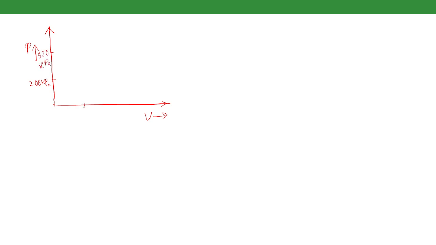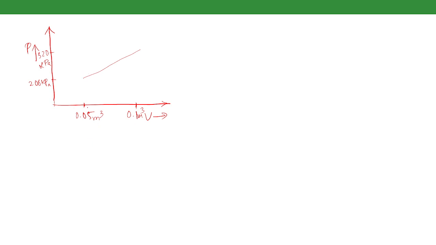At 200 kilopascal the pressure was like this. The volume was 0.05 meter cube. Now the volume has doubled to 0.1 meter cube. So this pressure will also increase in a linear fashion like this, because we are considering a linear spring.